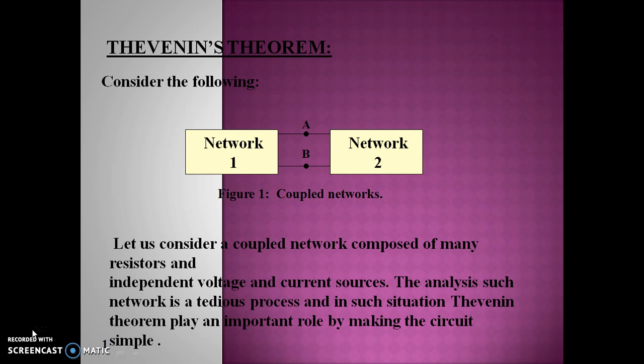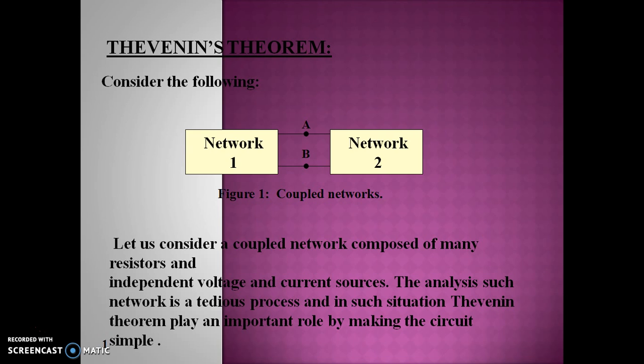First of all, we need to know why we are using this Thevenin's theorem. Here there are two networks which are coupled and it consists of many resistors, independent voltage and current sources. Such a big network analysis is a tedious process.